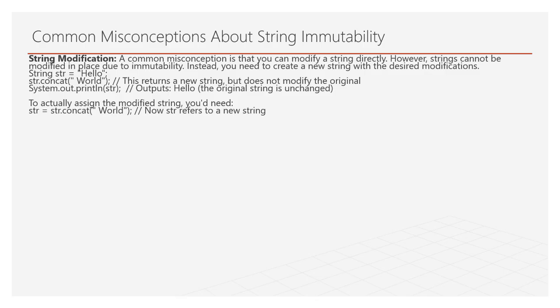When you call str.concat, you get hello world, but the original string is kept unchanged. When you actually do a reassignment, such as str is equal to str.concat world, str now refers to a new string that was created.